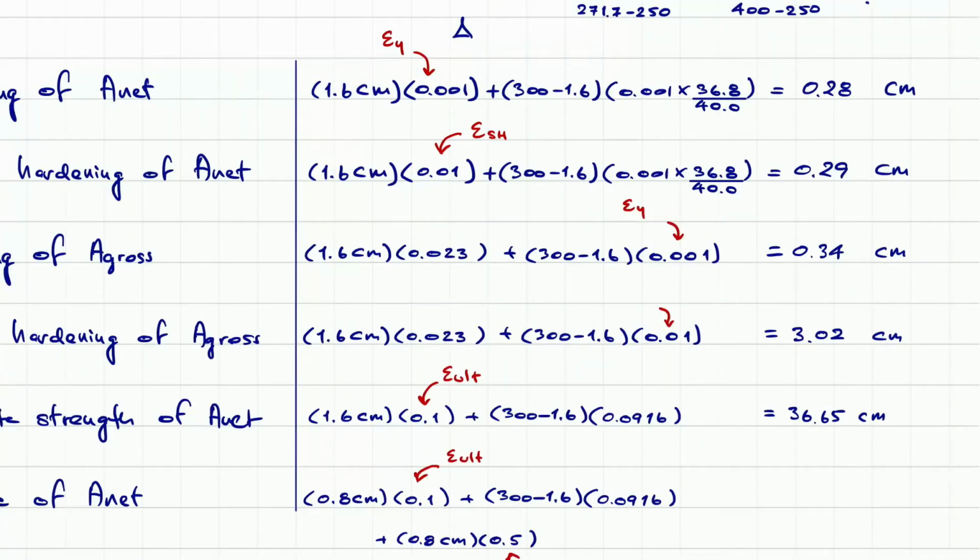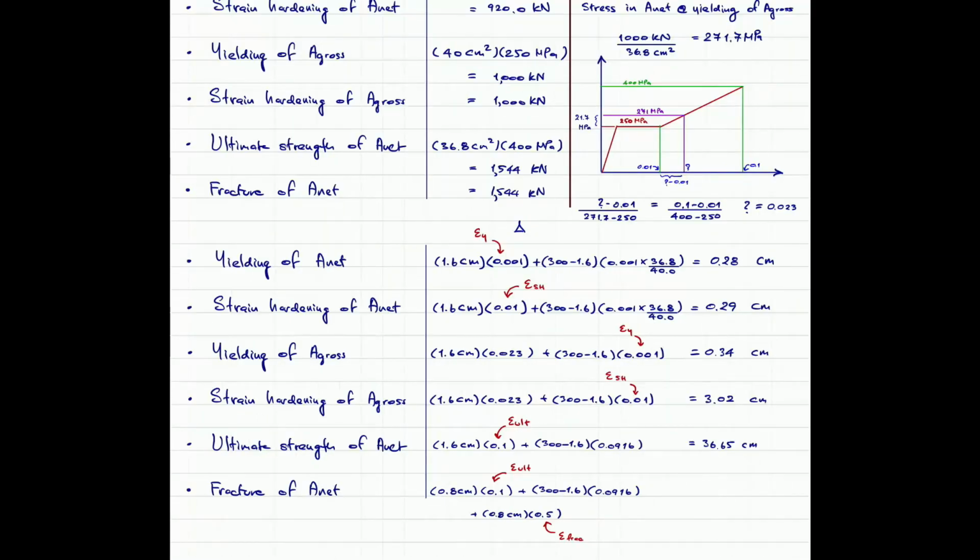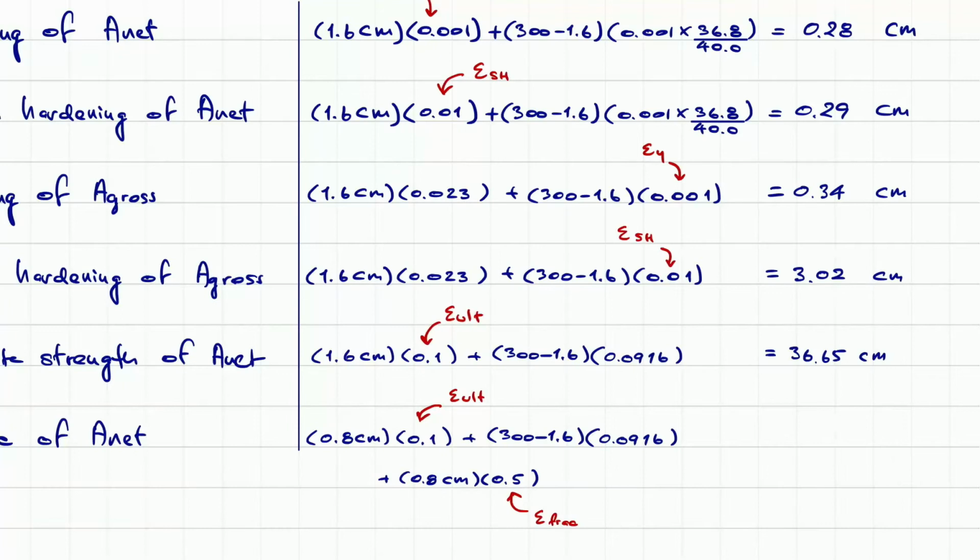Epsilon y, okay. This is strain hardening. And this is equal to 0.8 multiplied by 0.1 plus 0.8 multiplied by 0.5. That makes 36.97 centimeters.